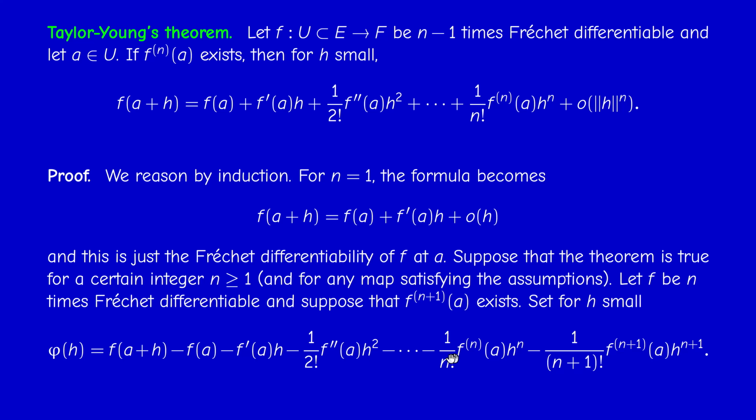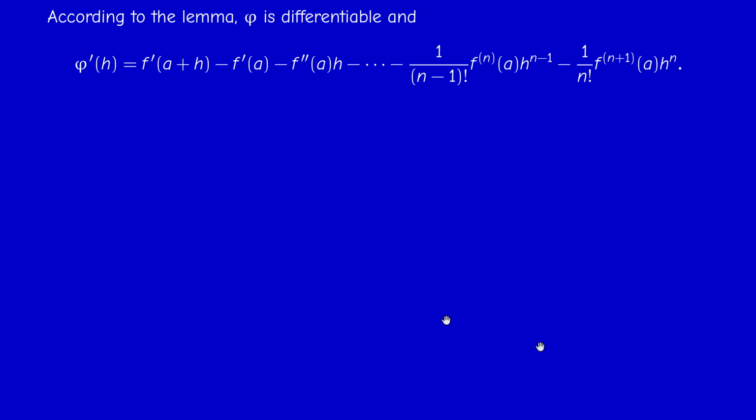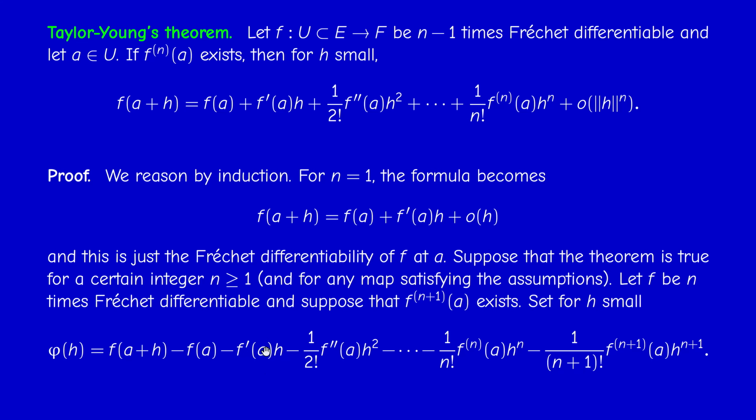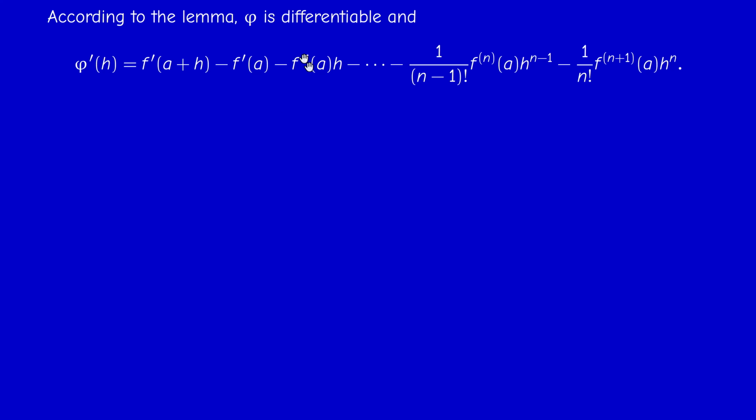And I do the same for all the other terms. So I apply the lemma to all these terms here. So I get f prime of a plus h minus f prime of a, which comes from this term, because this is 0. And the derivative of this term is just f double prime of a at h, which is now actually not an element in capital F. It's a linear map from E to capital F, so it needs another argument to become an element in the target space.